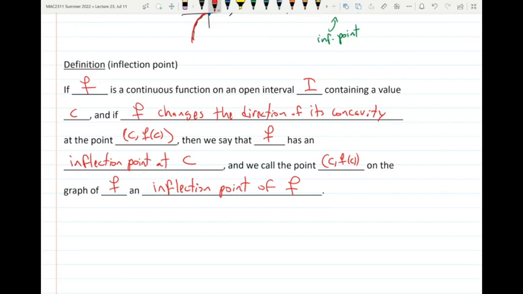So if I ask you to find the inflection points, you have to give me the x and the y. Now, if we're in a rush, usually we just give the location and that's it. We have an inflection point at this place. But if you want to know what the point is, you need to plug in and get the y. Where do you plug in? On the original function to get the y. Are we okay with this idea?